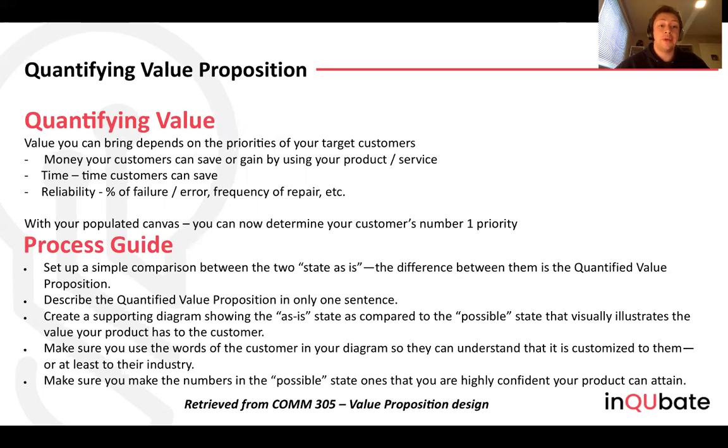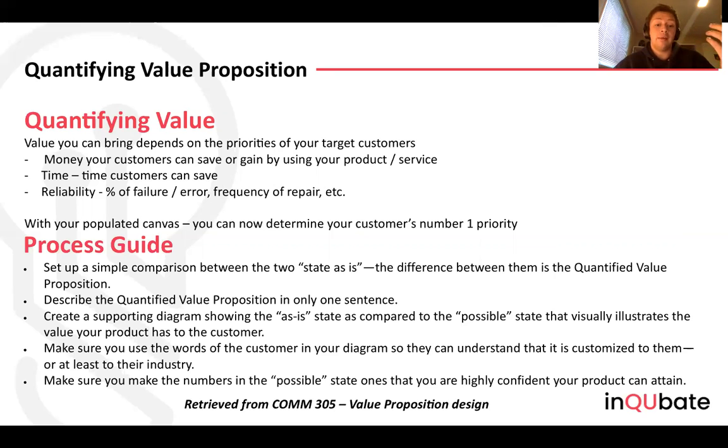Now that you've understood fit and understood the different processes of the value proposition canvas, it's important to quantify the exact value you believe you're going to be able to extract. So the value you can bring depends on the priorities of your target customers. Is it shaped around money? Is it the money your customers could save or gain by using your product or services? Or is it the time customers can save?